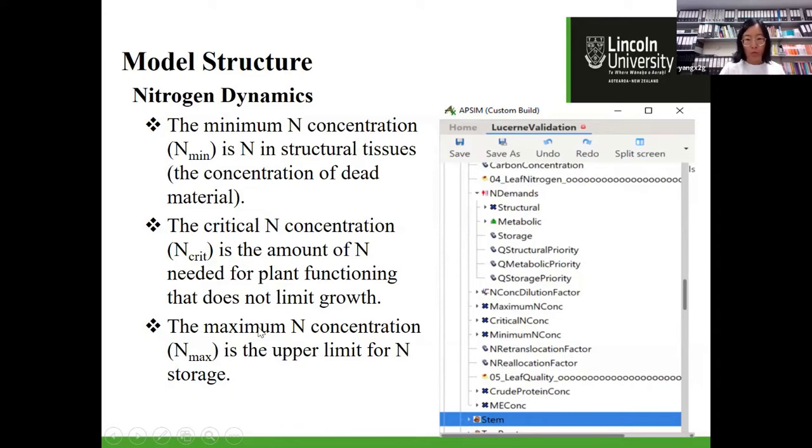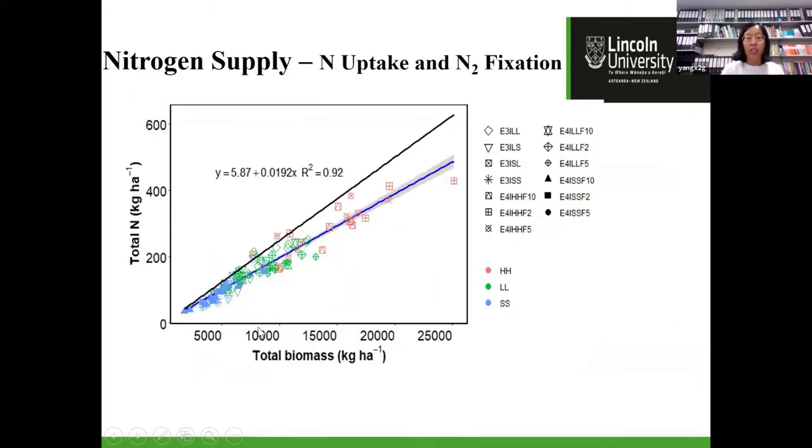Okay, cool. Once we have that, again in APSIM, both carbon and nitrogen have two components. It's more like you have a nitrogen supply and demand that will go to each organ: leaf, stem, and roots.